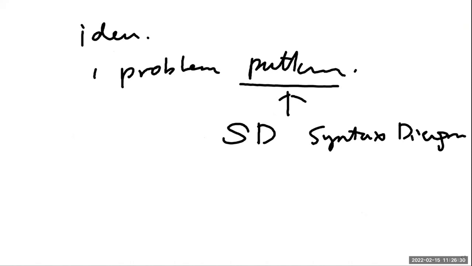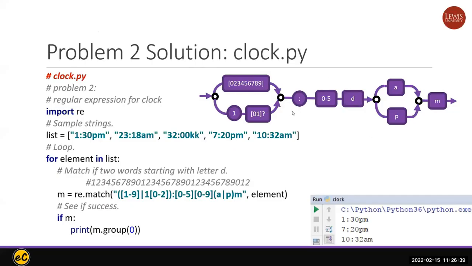Something like the syntax diagram, and the syntax diagram will look like this. And then from the syntax diagram, you start to write your regular expression that corresponds to this syntax diagram. That would be something like this. That's your syntax diagram, and then find the proper function to run it. To find the proper function, you have two ways to do it.